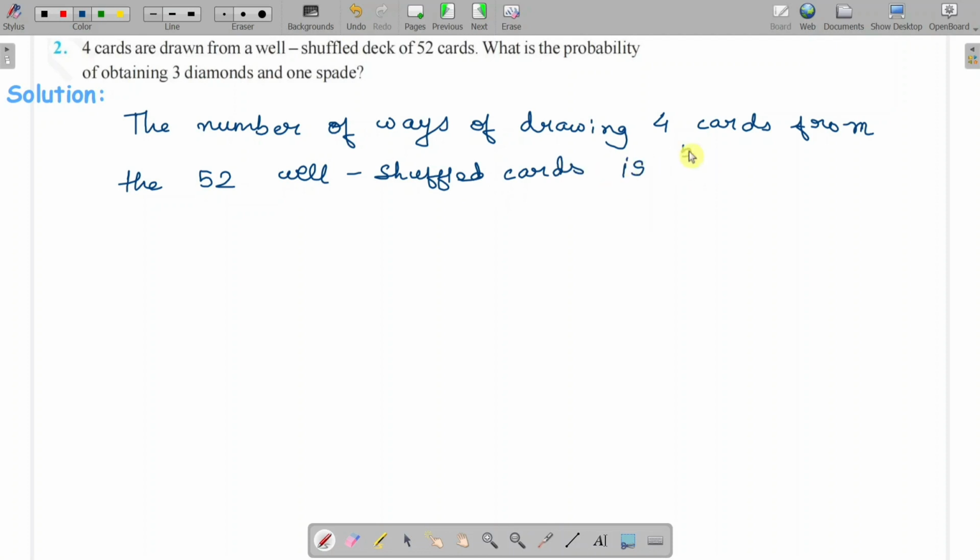So it is 52C4, right? We are selecting 4 cards from the total 52. So the number of ways of drawing 4 cards from the 52 cards is 52C4.